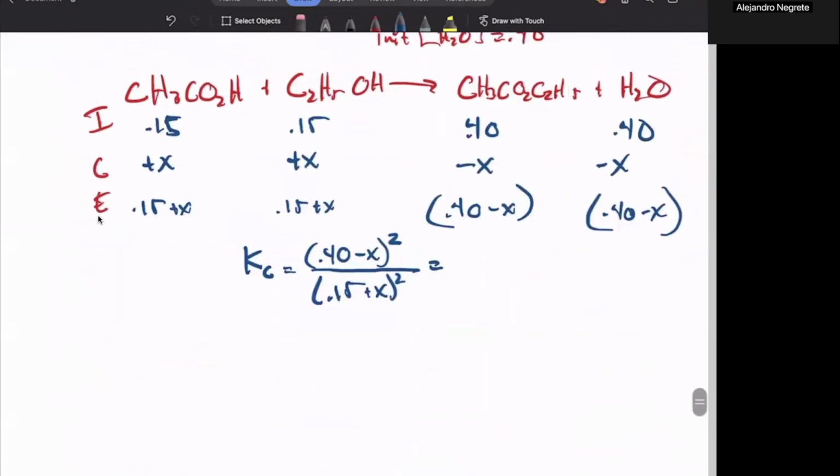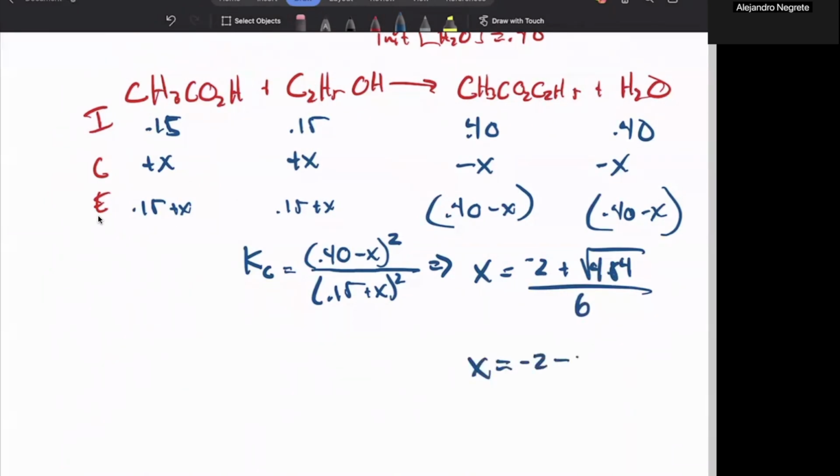So what I'm going to do is I've already calculated this out, and X is equal to minus 2 plus the square root of 4.84 over 6. And X is also going to equal negative 2 minus the square root of 4.84 over 6. So X can either equal 0.033 or X can equal negative 0.7.